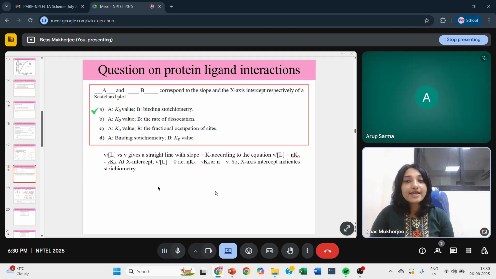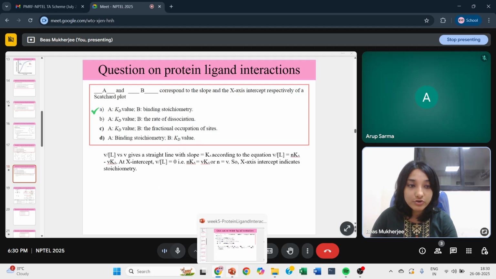So V by L versus B gives a straight line with a slope of Ka, according to the equation V by L equals N into Ka minus V by Ka. At the x-intercept, V by L is equal to 0. That is, N Ka is equal to V into Ka, or N is equal to V, so the x-axis intercept indicates stoichiometry.